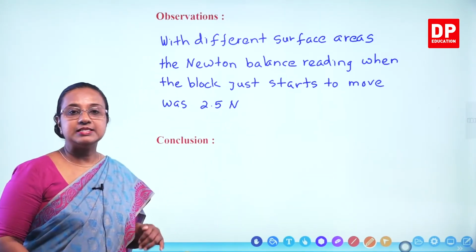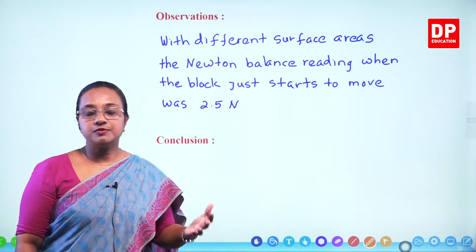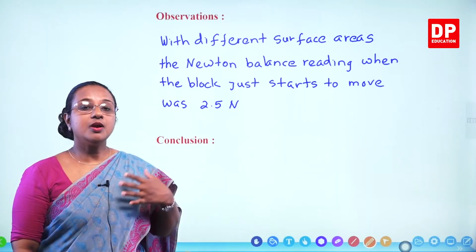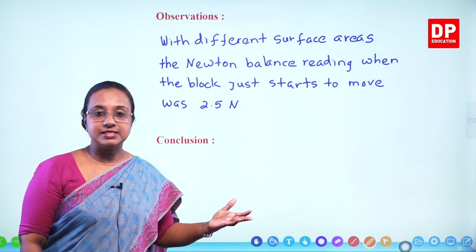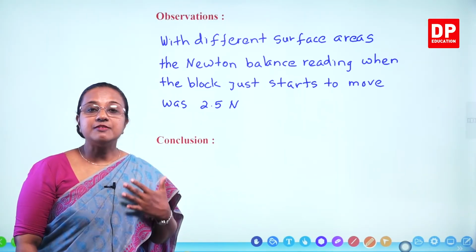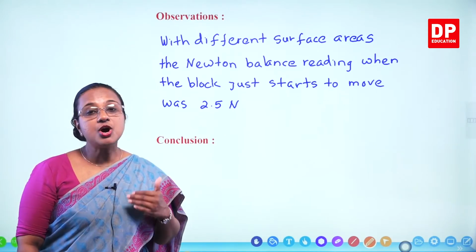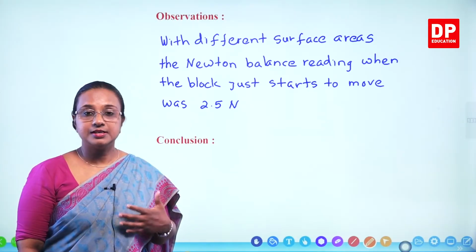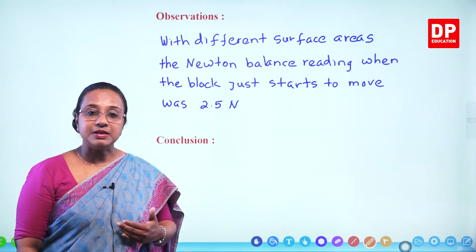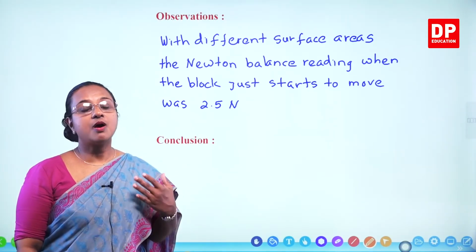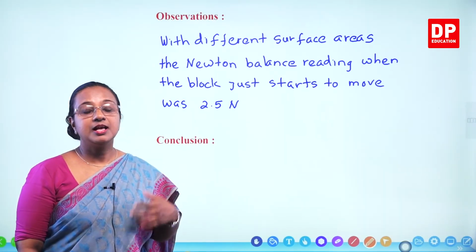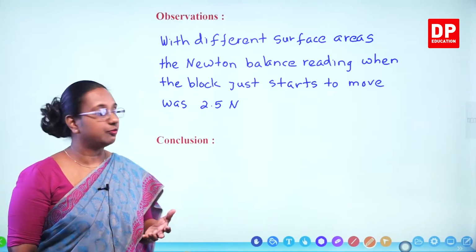So that means the limiting frictional force was 2.5 Newton during all different instances. So the limiting frictional force did not change with the area of the contact surface. So that means the surface area of the contact surface does not affect the limiting frictional force.